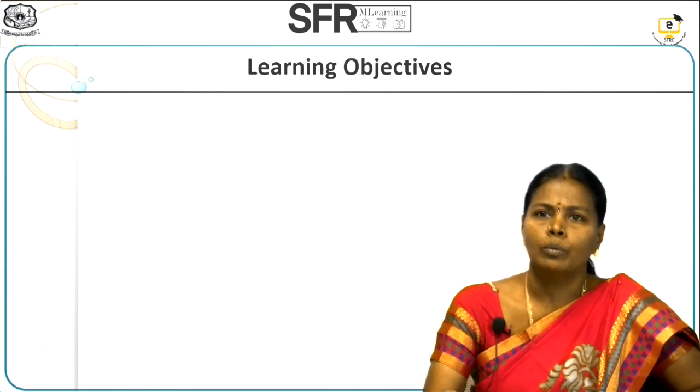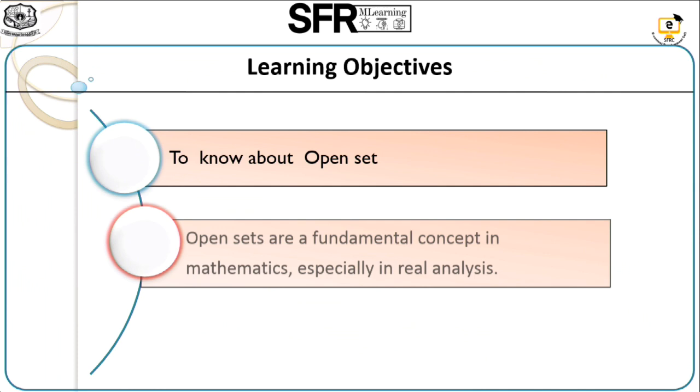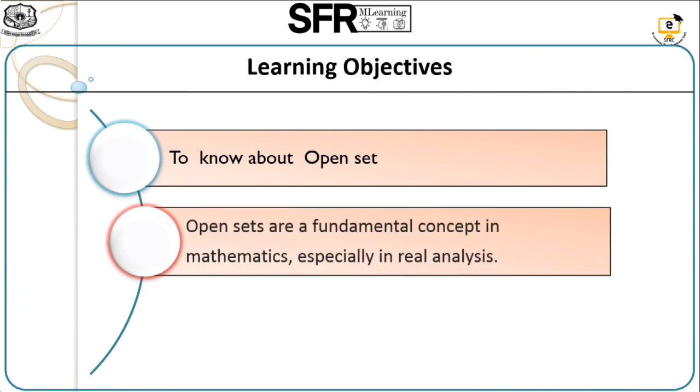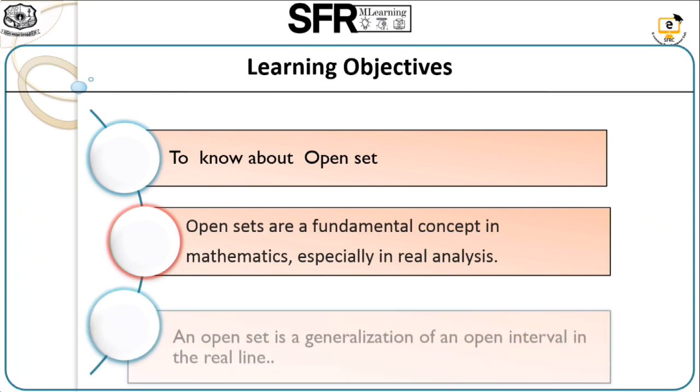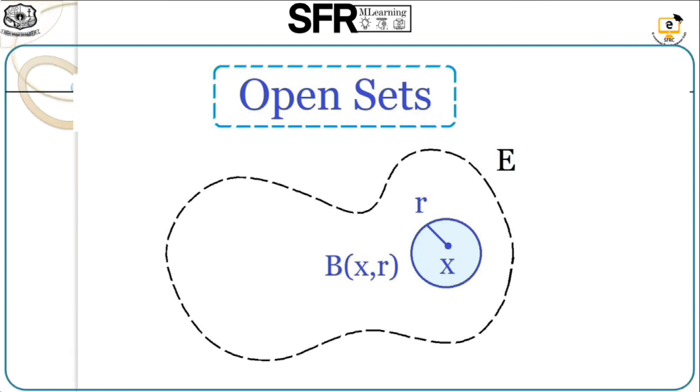First, we should learn about the open set. Open sets are fundamental concepts in maths, especially in real analysis. The open set is a generalization of the open interval concept in the real line. This is a pictorial representation of an open set.